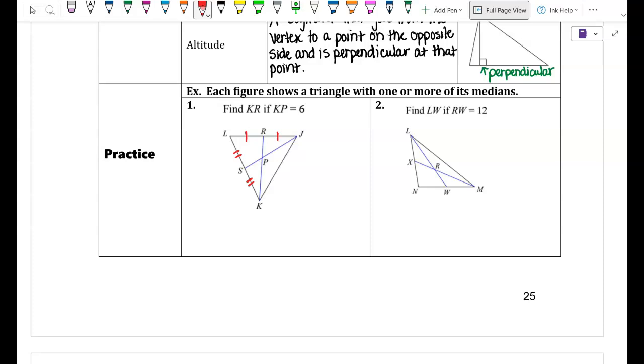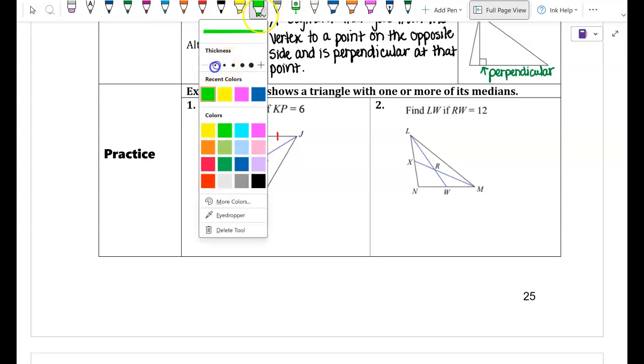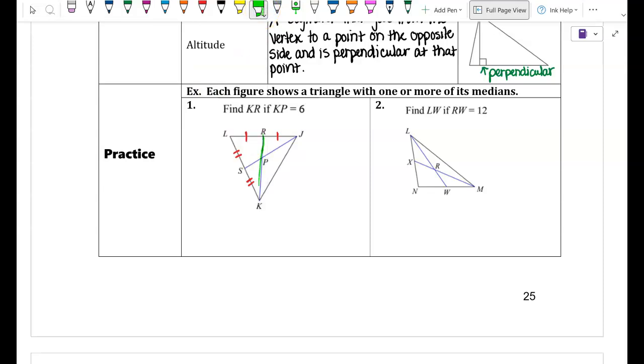Now, they want us to find KR. KR is the entire segment here. We need to remember that there's a 2/3, 1/3 relationship here. From the vertex to the point where the medians meet is the 2/3, which means the bottom part is the 1/3. Sometimes I need to know both, sometimes I'm only using one.